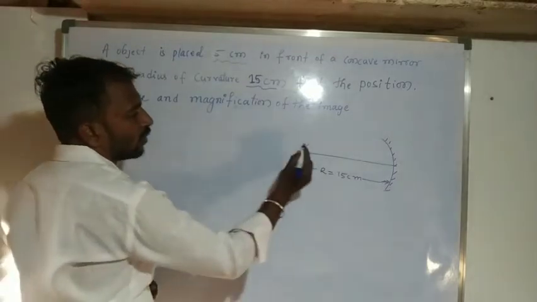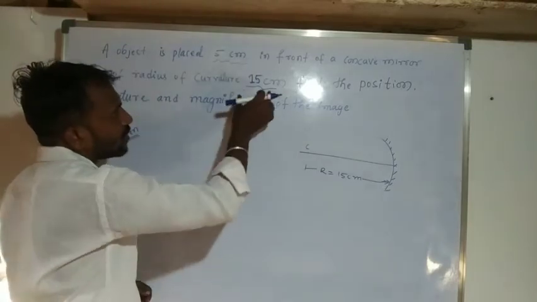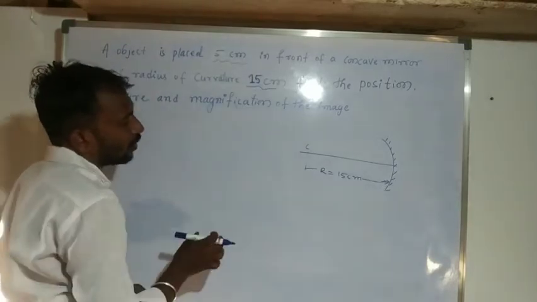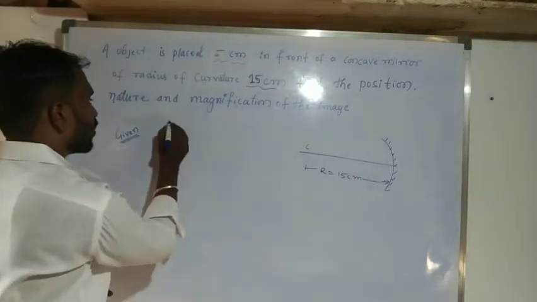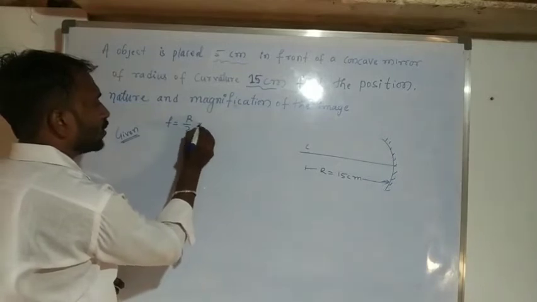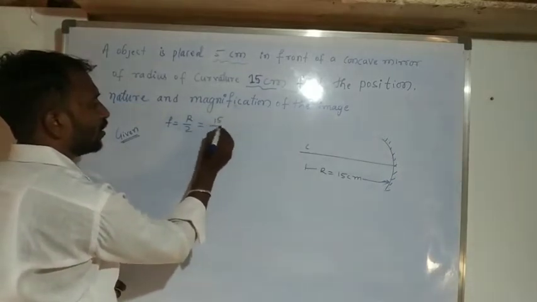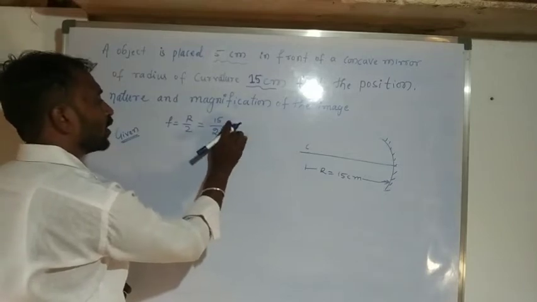Before we place the object, first we will find the focal length. Simple formula: f is equal to R divided by 2. So 15 divided by 2 means 7.5.